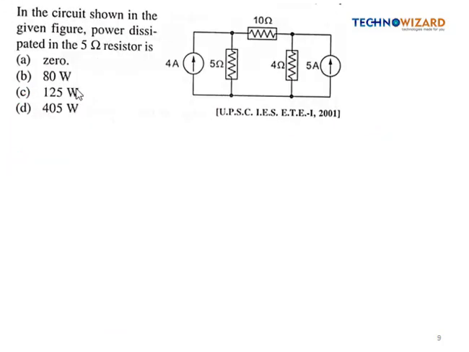Next question is: in the circuit shown in the given figure, the power dissipated in the 5 ohm resistor is. So basically we have to find out the power dissipated in this 5 ohm resistor. So let's apply the nodal. Let's assume this is node A, at which the voltage is V1. This is node B, at which the voltage is V2, and let's consider this is a reference node. So let's first apply the nodal at V1.